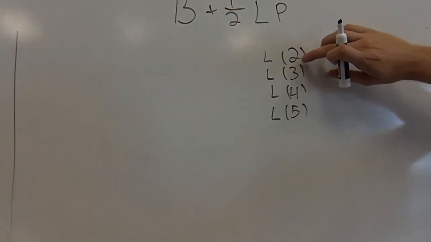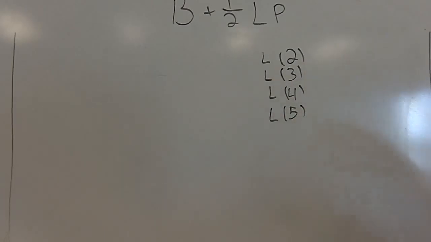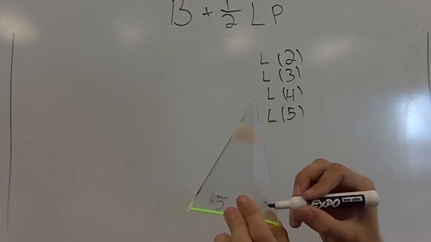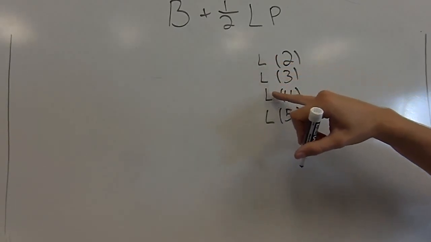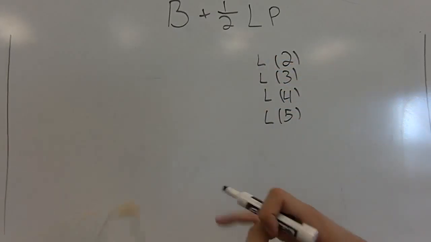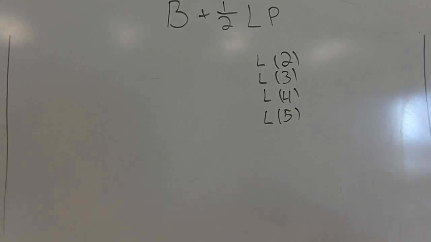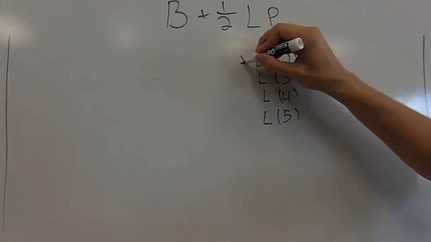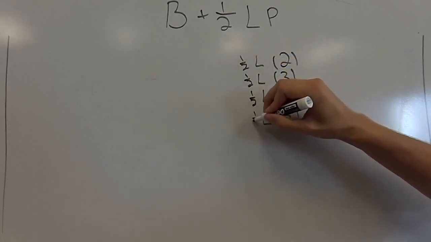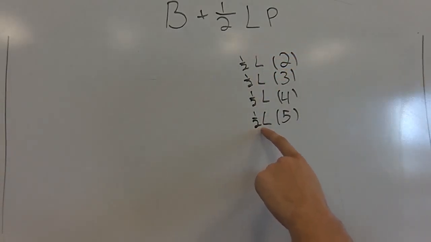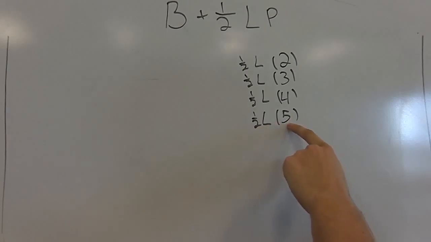And so here are the bases that I wrote down. I made the bases up. L represents the slant height, which is actually the height of the triangles. And then 1/2 finishes off the formula. So I have 1/2 times slant height times the base.